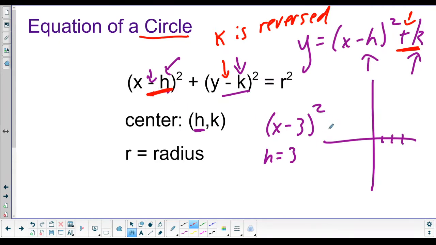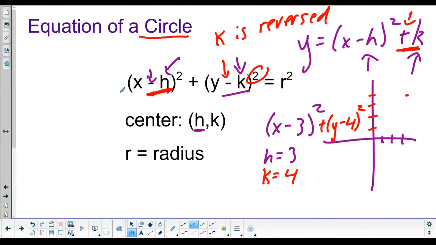So if we see something like (y minus 4) squared, then k equals positive 4, and we need to flip the sign. And the reason for that is because it's inside this math operation in the parentheses with the h. Anytime you're putting your transformation inside a math operation like this, it gets flipped. So that's why this is backwards. So this circle right here would have a center at (3, 4), so it'd be right there.